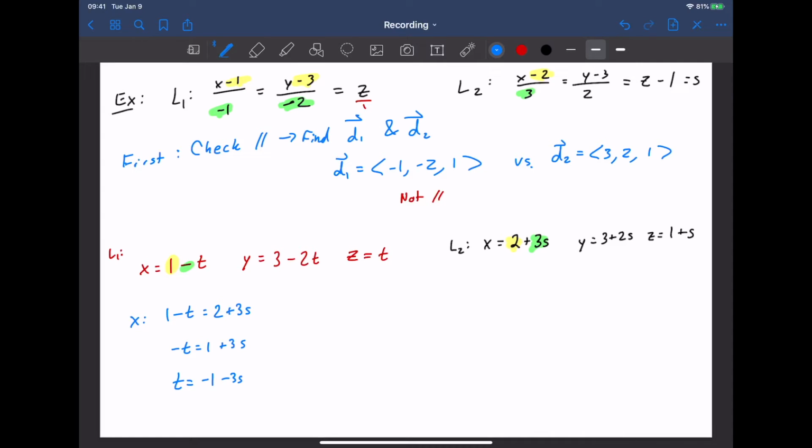Here I go. 3, 2, 1. For my y equation, I'm getting 3 minus 2t equals 3 plus 2s. And then I can substitute in the t's. Distribute.